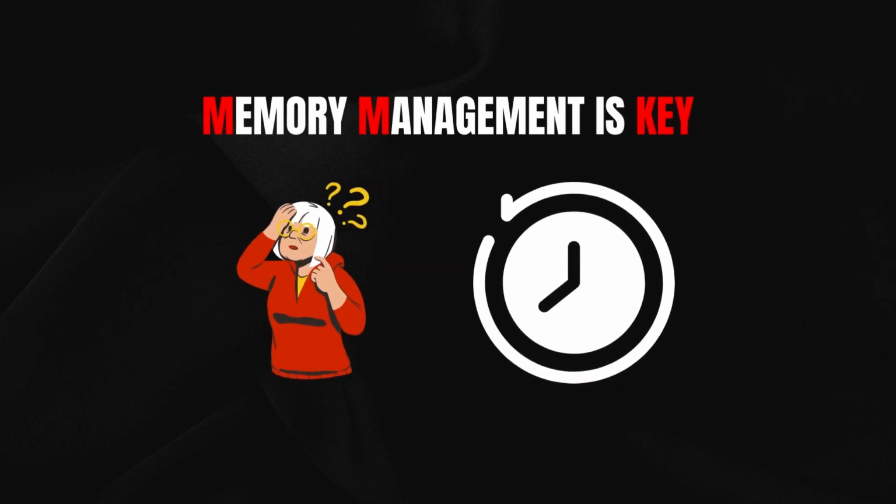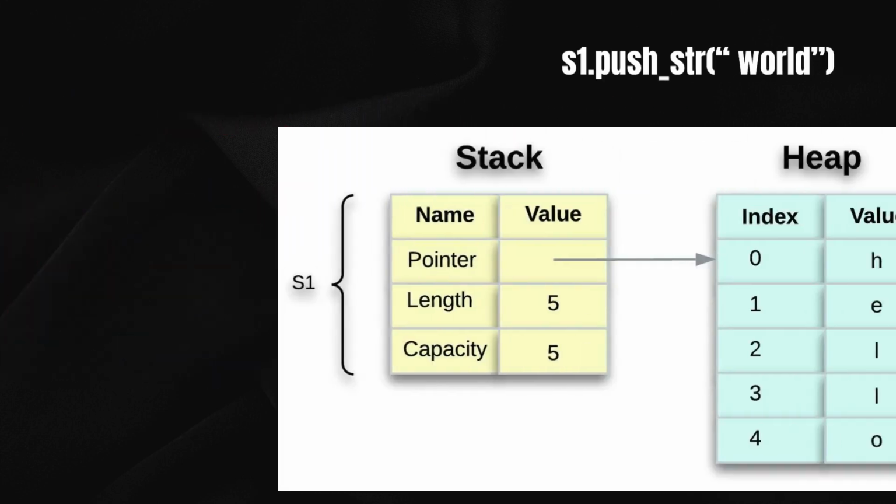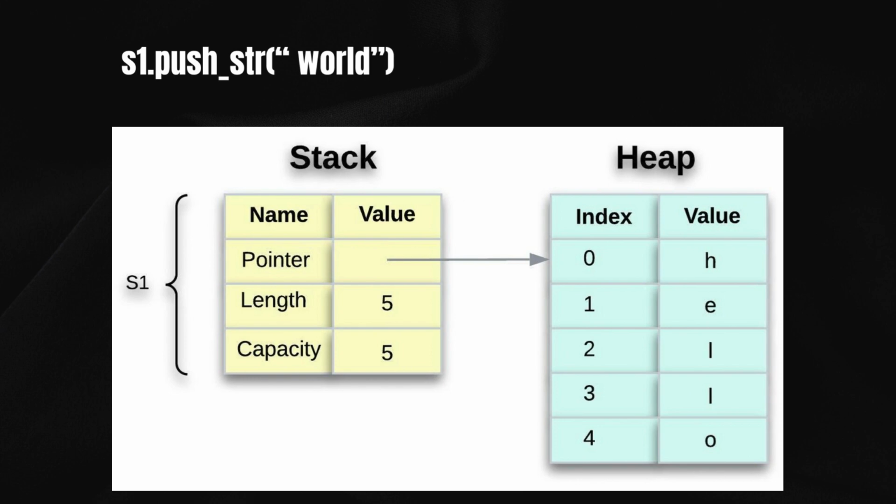Another critical aspect of understanding String and string references is, of course, memory management. Let's explore how memory is handled for each type. When you create a String in Rust, Rust allocates memory on the heap to store the string's contents. This allocation is dynamic, meaning that the size of the string can change at runtime. For example, when you append more characters to a String using the method push_str, Rust reallocates memory as needed to accommodate the new content.